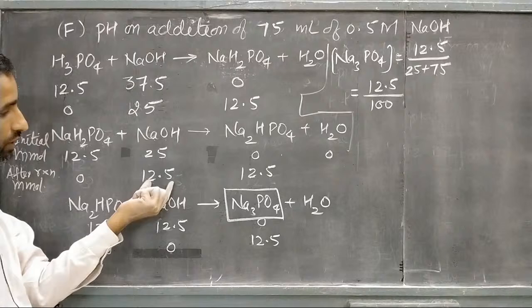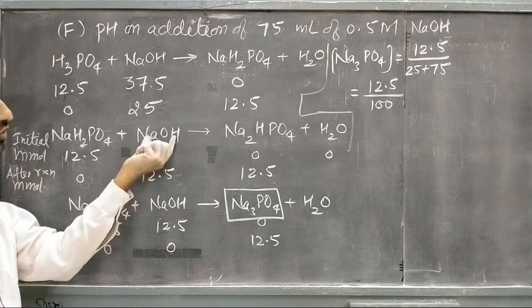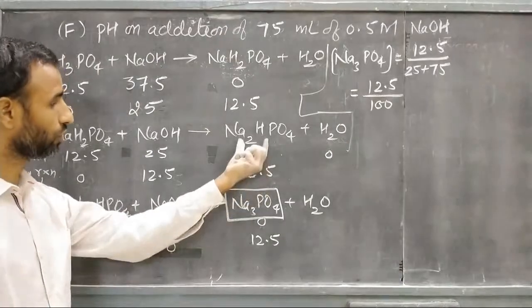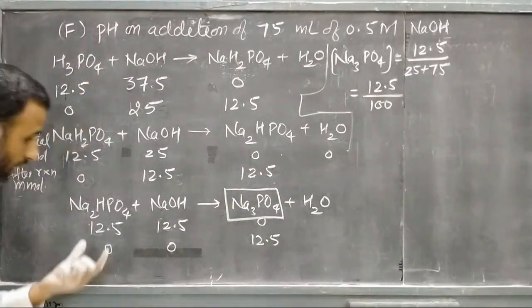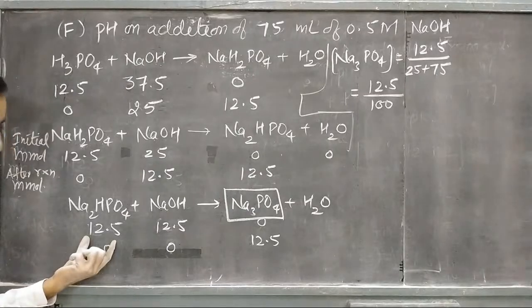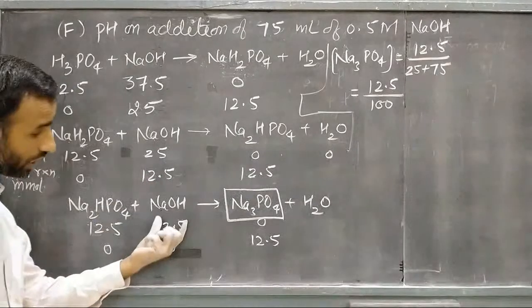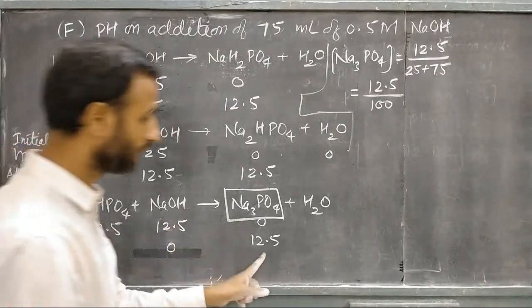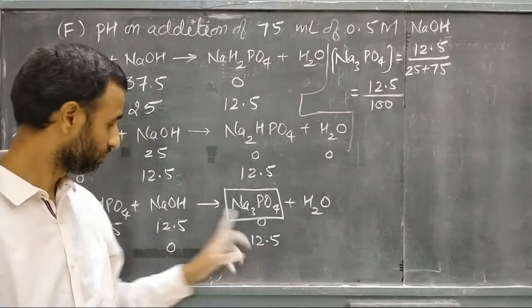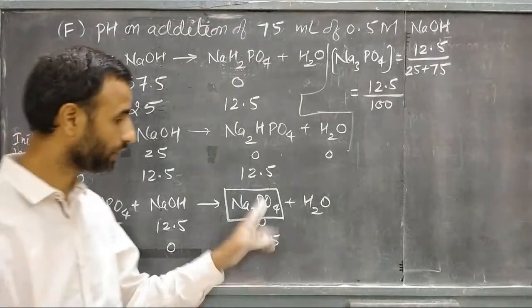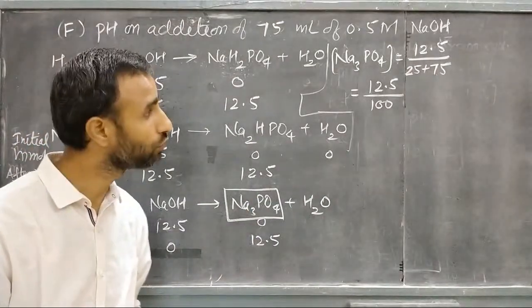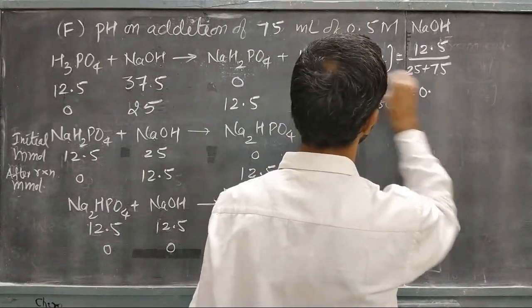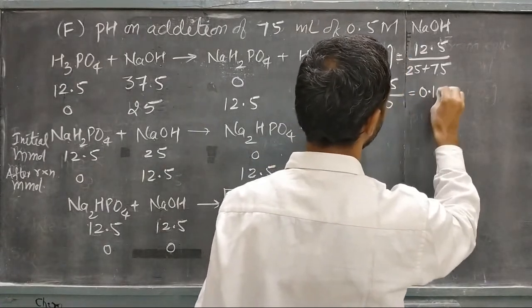So we are left with 12.5 millimoles of sodium hydroxide and 12.5 millimoles of Na2HPO4, and then Na2HPO4, 12.5, is neutralized by 12.5 sodium hydroxide, so we get 12.5 Na3PO4. That means the concentration of sodium phosphate is 0.125.